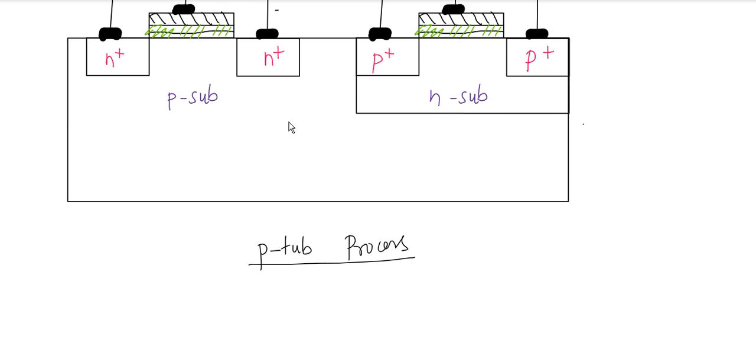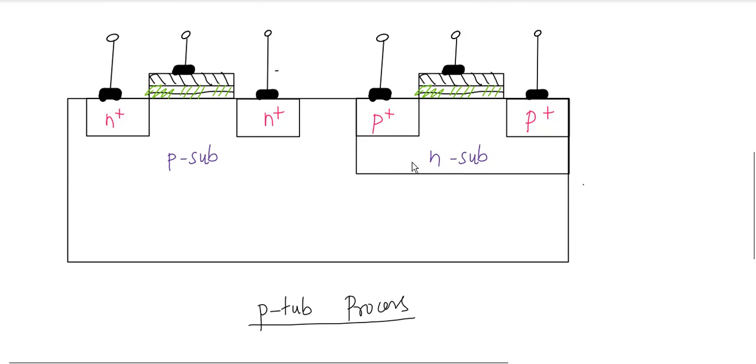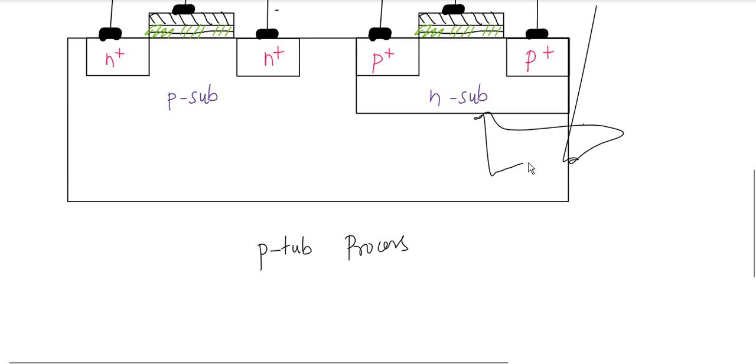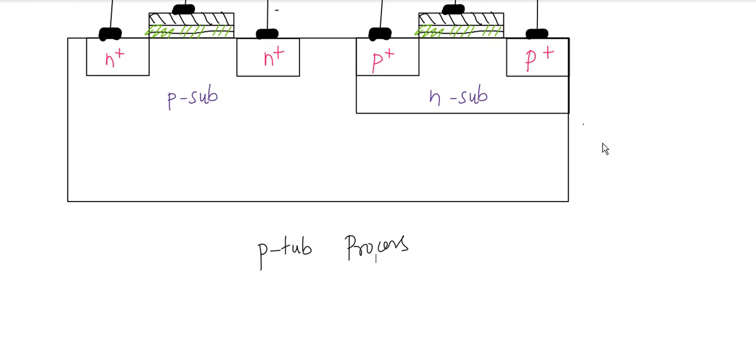Okay, there is an alternative for this. If this can be made P, then alternatively you can make an N-tub process also, and inside that the N substrate can come. So these are the possible structures of MOSFETs that you are going to see in this entire course.